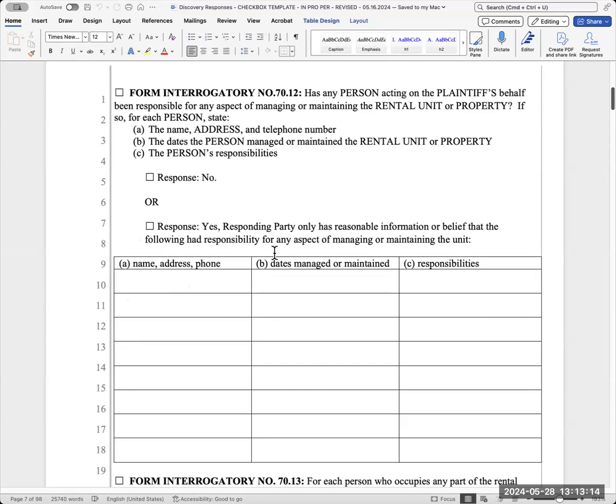You're going to put your understanding of the dates the person worked there, maybe how many years, or if you know a specific, this person was working there only the first year I lived there, you can put that there, and their responsibilities. What are the things they did? If they handled multiple things, you could write that here. If they only did certain things, like this person was the handyman, he would come and do the repairs, or she, you put that here. And you fill this out to the best of your ability.